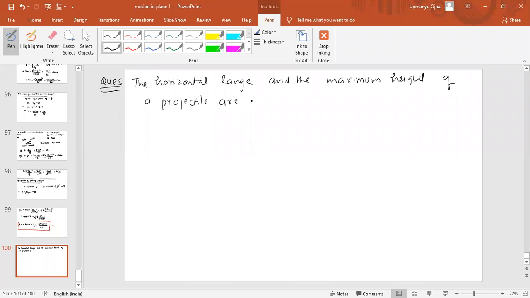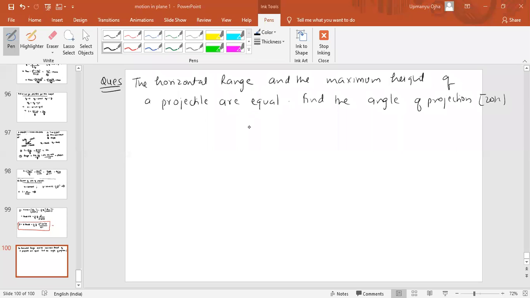Find the angle of projection. This was asked in the NEET exam in 2012. Can you solve this problem now?